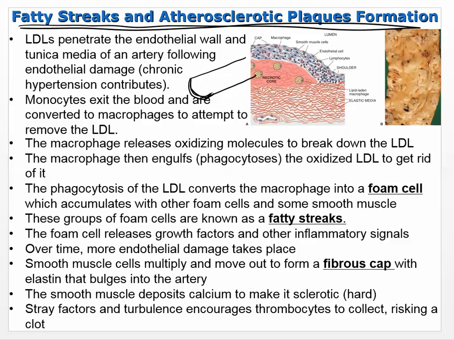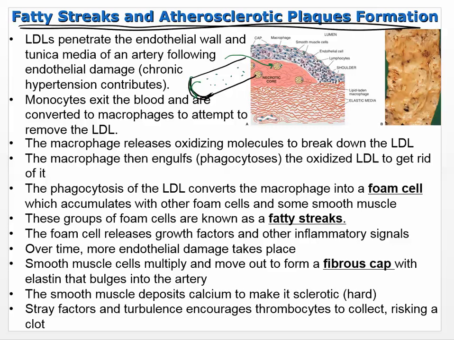And you have these LDLs that are kind of moving through the blood vessel. And what happens is if some kind of damage takes place, then these LDLs may move into the space in between. And that's kind of what we're seeing here.